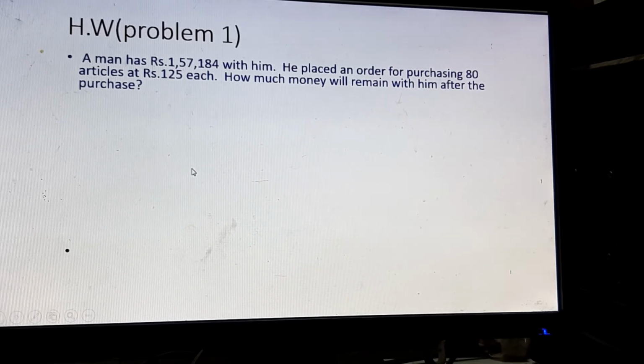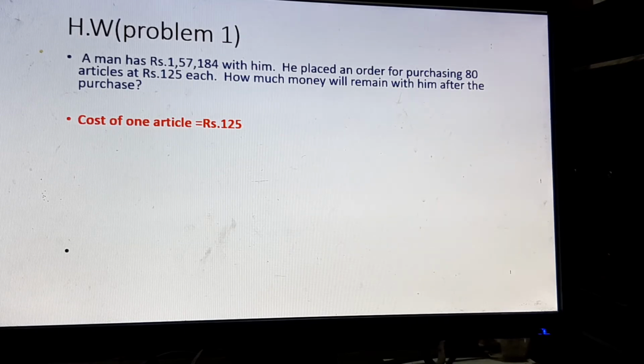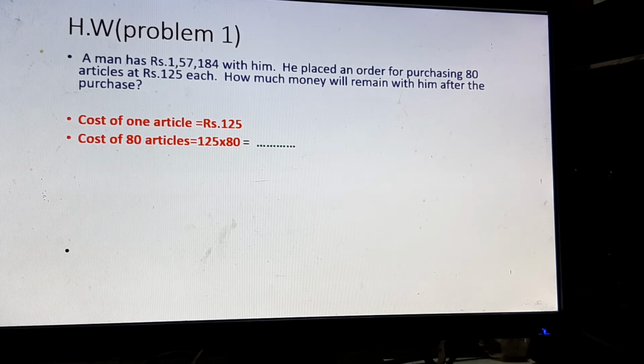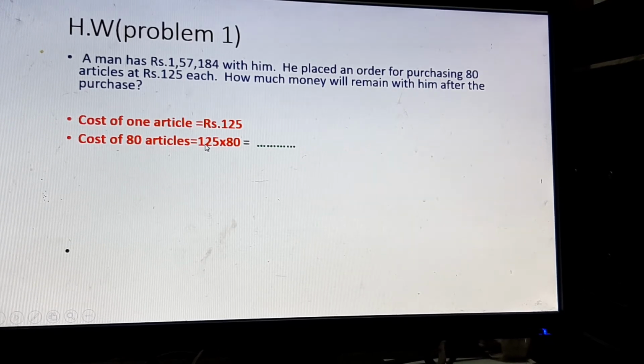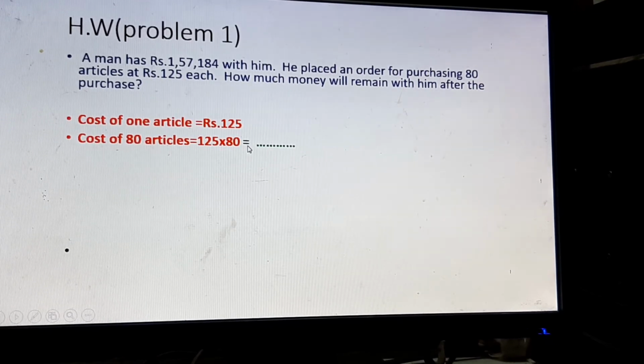So what will we do? First, the cost of one article is rupees 125. So the cost of 80 articles will be how much? 125 into 80. So we have to multiply 125 and 80. I will not tell you how much, because you know how to multiply 125 and 80.